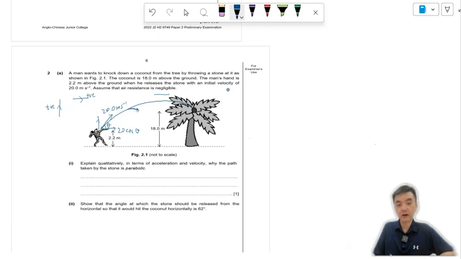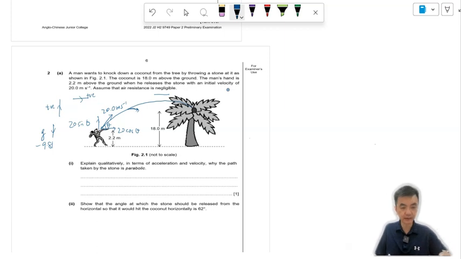Your vertical component, 20 sine theta, is affected by g. g is acting downwards, so my g will be minus 9.81. And therefore I will have a parabolic path because one of the components has an acceleration due to gravity.